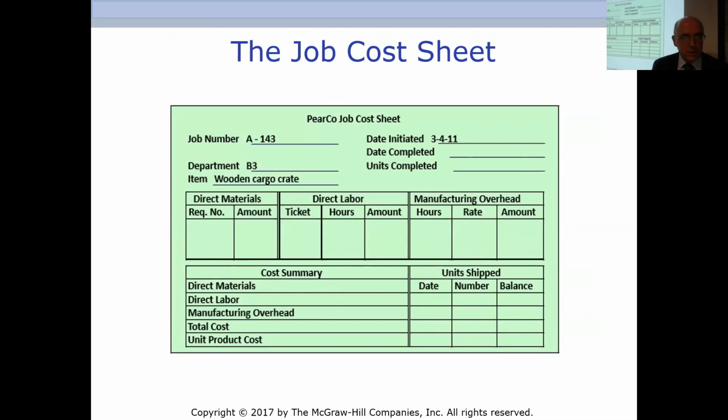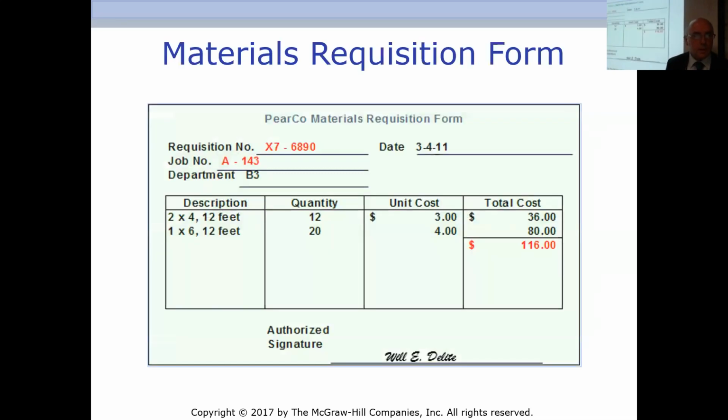So you have direct materials, requisition number and an amount, direct labor, some columns for that, then manufacturing overhead. You have the three types of manufacturing cost, and then the cost summary down there with some additional information in columns. And then they start filling it in.